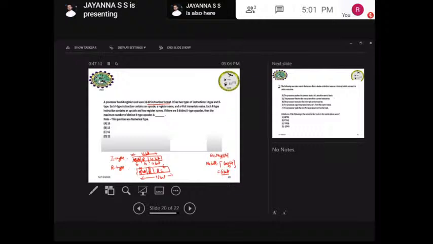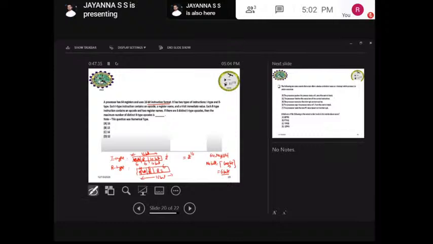If it is a 16-bit instruction format, what is the total number of possible instructions? It is 2 power 16. Then when you consider I type, it is 2 power 6.